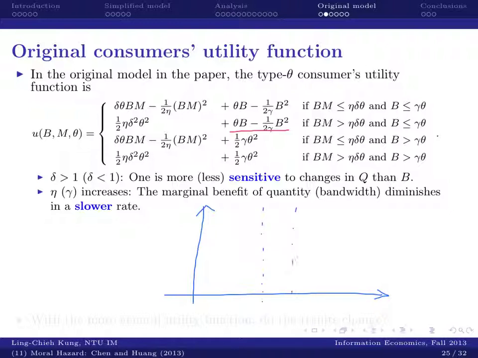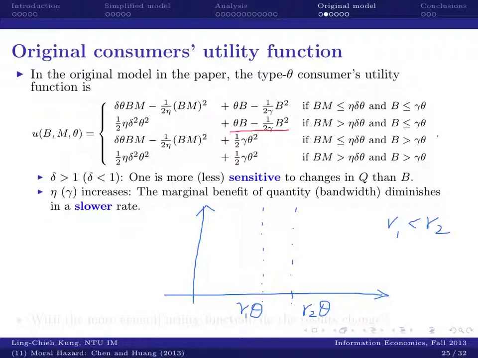So let's say we have different gamma. This is gamma 1 times theta. This is gamma 2 times theta. Certainly gamma 1 is less than gamma 2. In this case, as we mentioned, when gamma becomes larger, the marginal benefit diminishes slower.